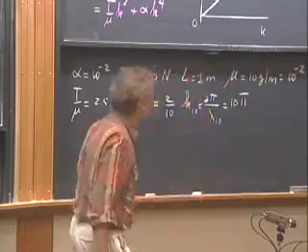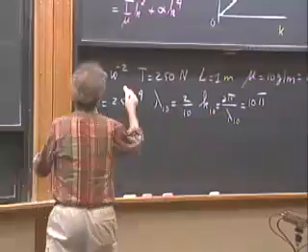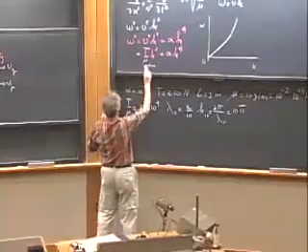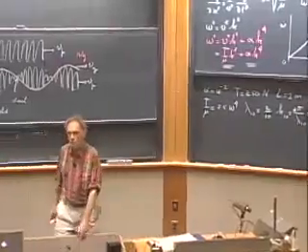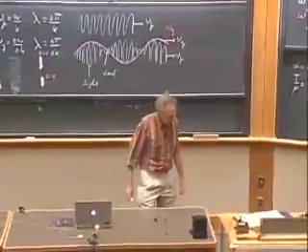So k 10, which is of course by definition 2 pi divided by lambda 10, is then 10 pi. And so now I have all the ingredients to compare this omega squared term with that term to see by how much the frequency changes over the case where we had no dispersion.